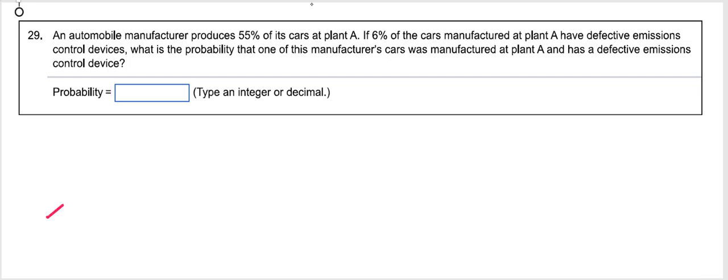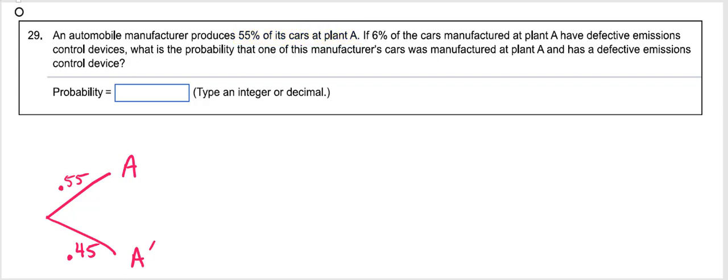Okay, so you can either be manufactured at plant A or not manufactured at plant A. It says it produces 55% of its cars at plant A. So this is going to be 0.55. Not A would be 1 minus 0.55, which is 0.45.